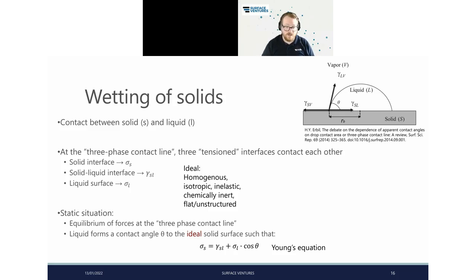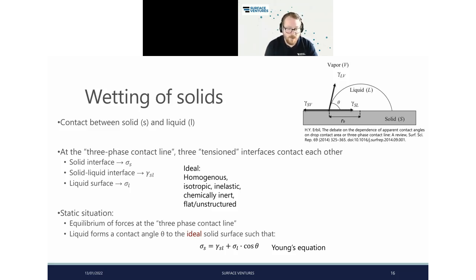It's homogeneous, isotropic, inelastic, chemically inert, and flat and unstructured. So basically as perfect as we can make it. And with a static situation, we have a nice equilibrium of those forces at the three-phase contact line.